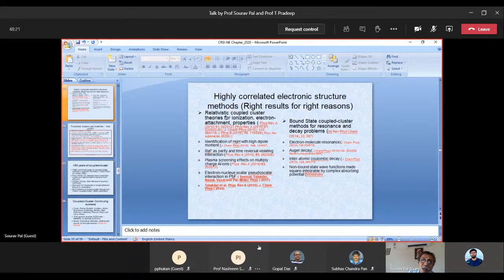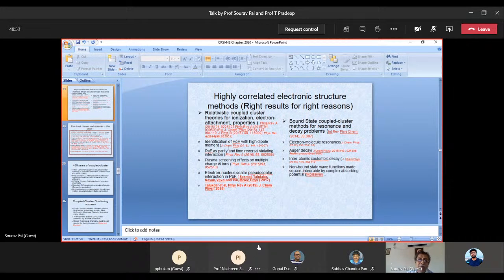Now, please remember why you are using relativistic, because all these atoms are heavy atoms, and you need to use relativistic effects. So mercury hydride is a molecule where you have a very high dipole moment. Radium fluoride, for example, is another molecule which has a parity and time reversal violating interaction. Plasma screening effects on multiply charged aluminum ions. We are also looking very recently on electron nucleus scalar pseudoscalar interaction in lead fluoride. Very recent papers I'm showing.